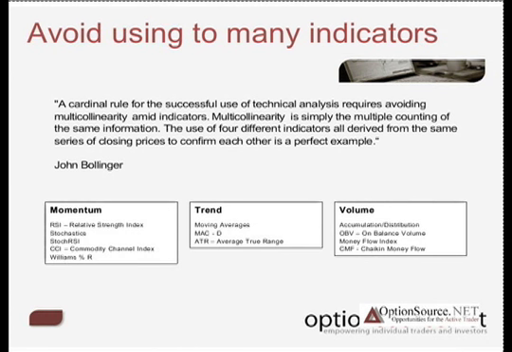Now, there's a quote that I always like to throw out there that was published by John Bollinger, and of course many of you have probably heard of Bollinger Bands. His quote is that one of the cardinal rules for successful use of technical analysis requires avoiding multi-collinearity.